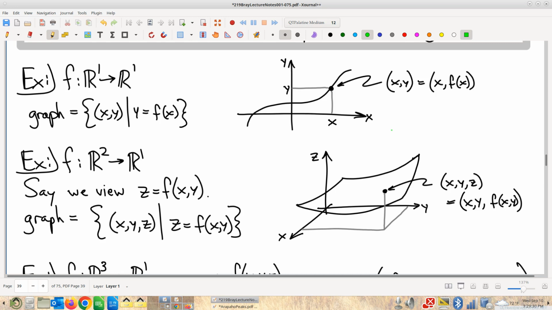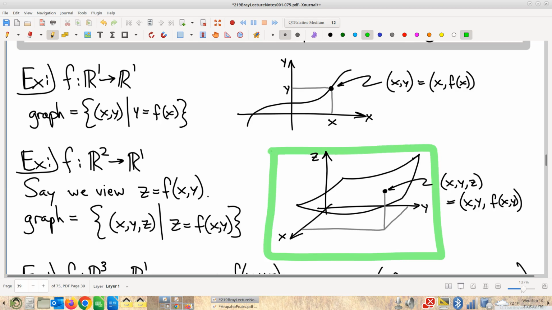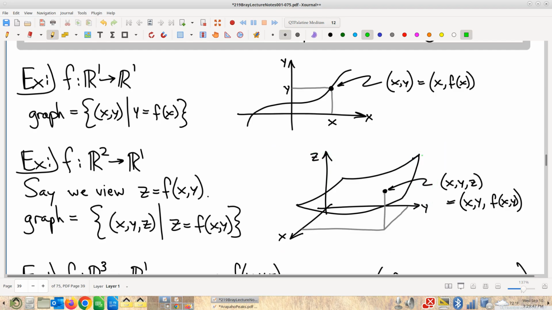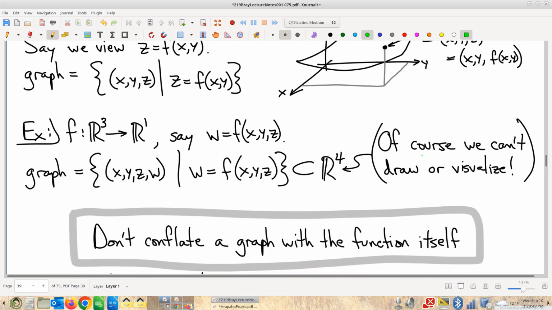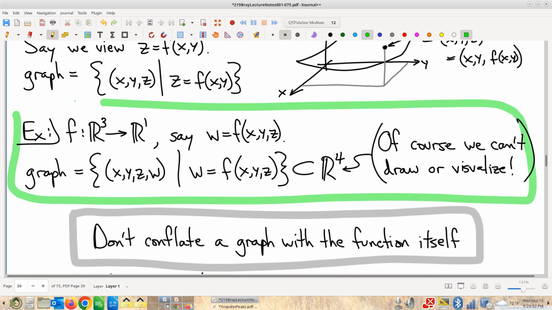But you notice how we're almost out of dimensions already, right? We only have 3 dimensions to work with reasonably. We can't visualize 4 dimensions. I don't believe anyone who says they can, right? So if I've already used up all of my dimensions, what do I do if I have a function that has 3 input variables? In other words, let me say this differently. The second most trivial possible case of a multivariable function.